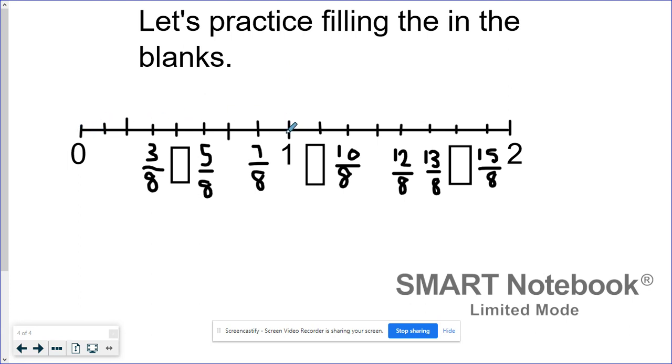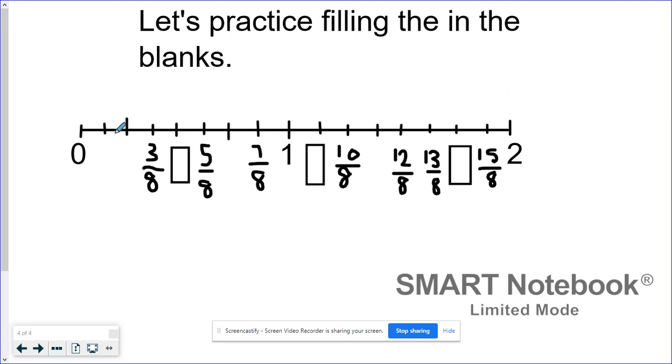That's a whole. And I have from 1 to 2 is my second whole.